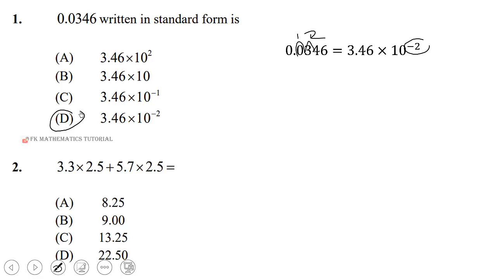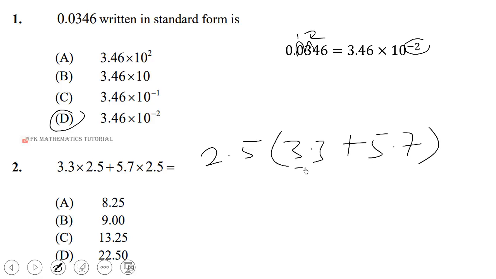Question number 2 says 3.3 times 2.5 plus 5.7 times 2.5. So you can factor 2.5 here. Then we have 3.3 plus 5.7. 3 and 3 will give you 8. 0.3 plus 0.7 will give you 1.